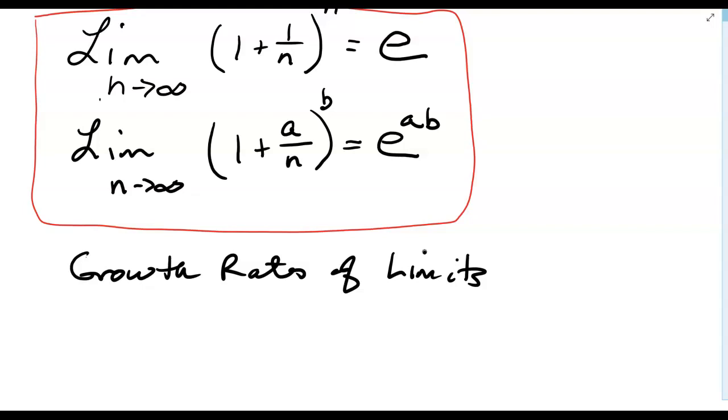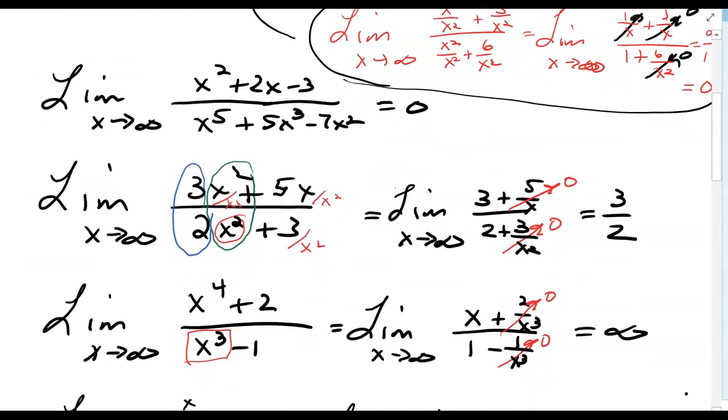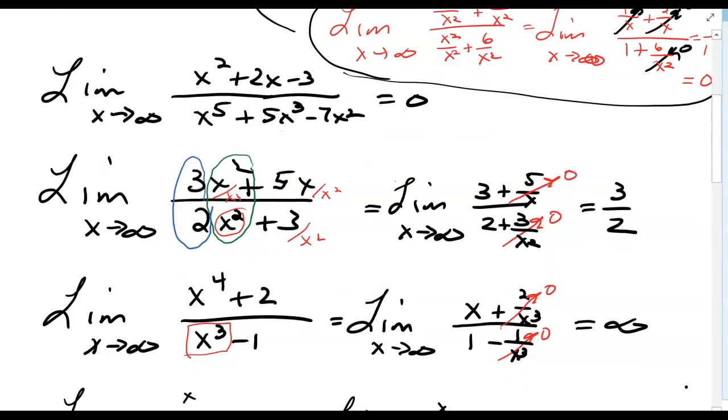I believe that value was 1. So this is the same idea. It matters how fast the numerator versus the denominator grows. So this is an expansion. Let me just scroll up a minute of what we did right here.